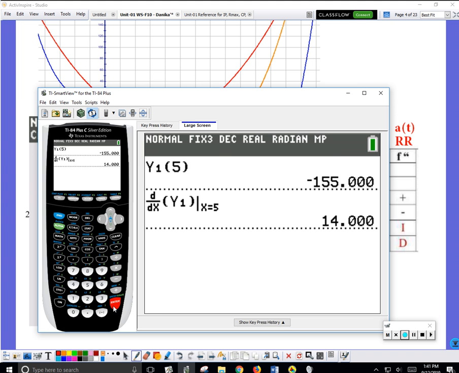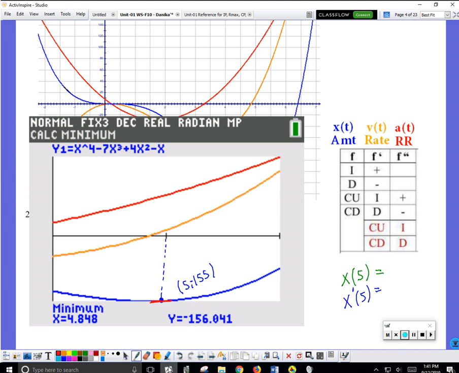That value is 14. Okay, back to here. So that means the slope right there is 14. Well, slope of the position is the velocity. So up here, I'm probably doing more than you need, but just be patient.